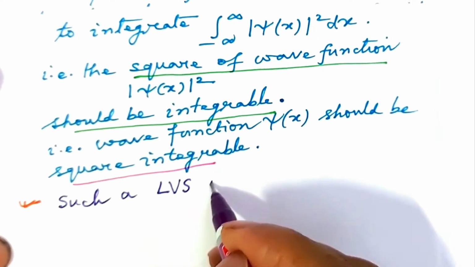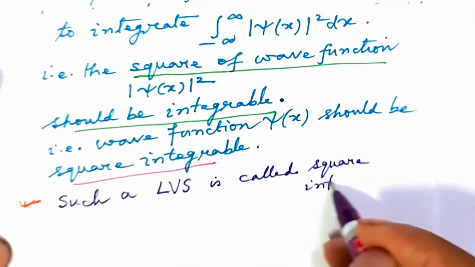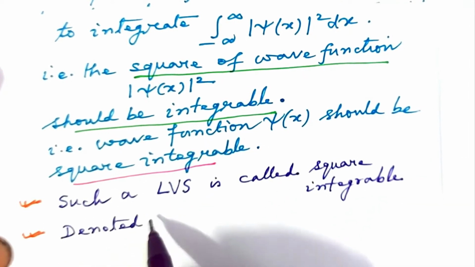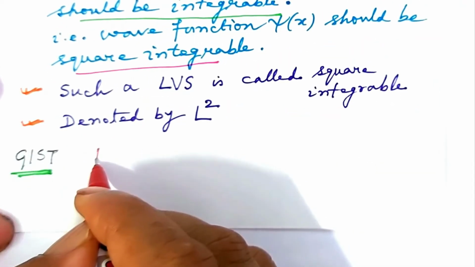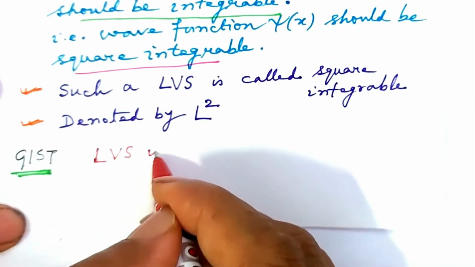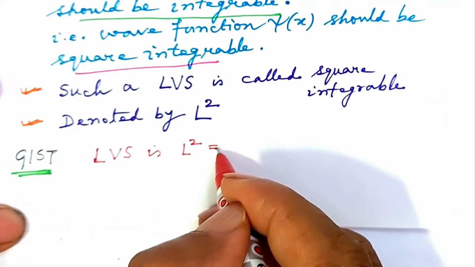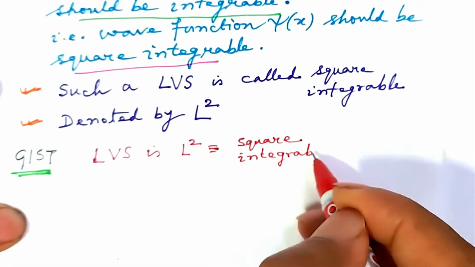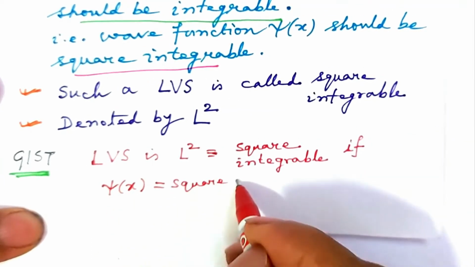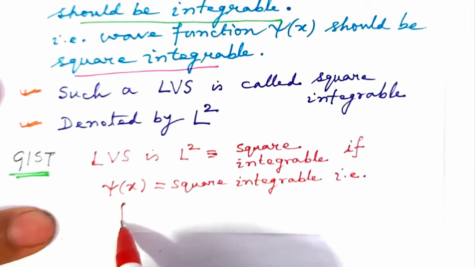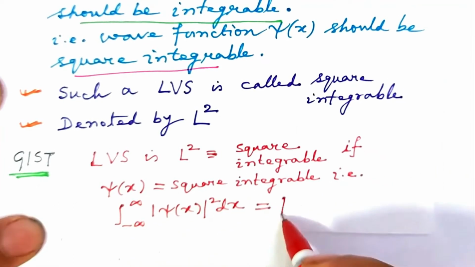Such a linear vector space is called square integrable and denoted by capital L square. Let us make a gist. The linear vector space is denoted by capital L square and is called square integrable if the wave function psi of x is such that we can perform the integration that involves square of wave function.